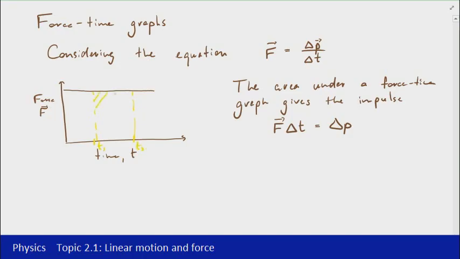That area that we would calculate under there would give us the change in momentum delta P for that change in time. You can consider that the time in this direction here would be the value delta T. So fairly useful: as the force varies, or as the force is measured over time, the area under that graph gives us the impulse, which in other words is the change in momentum of whatever the force is being applied to.